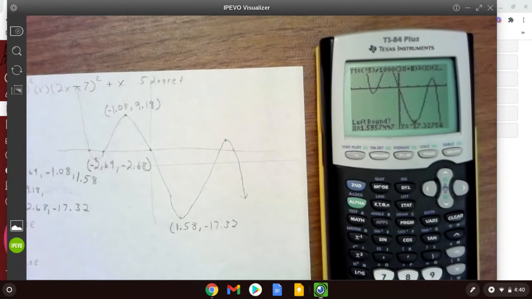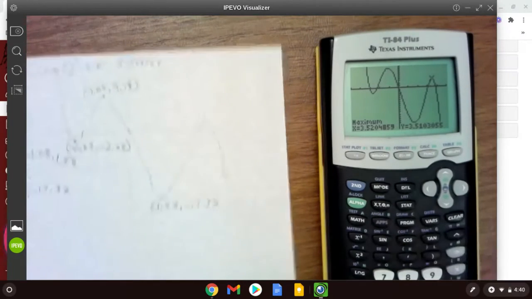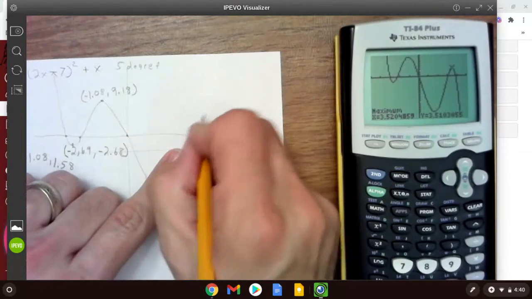Maximum this time. So we got 1, 2, 3. I could do 3 for my left bound. And then 4 would be right there. 4 for my right bound. Then enter for the guess. So you can use these tick marks instead of using the arrows so much. You can use the arrows if you want to. They probably are easier.